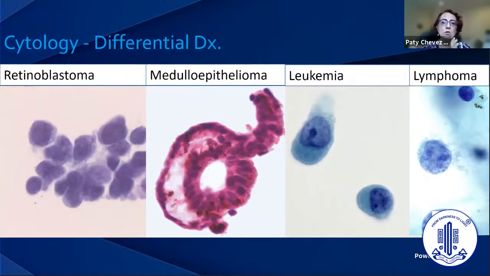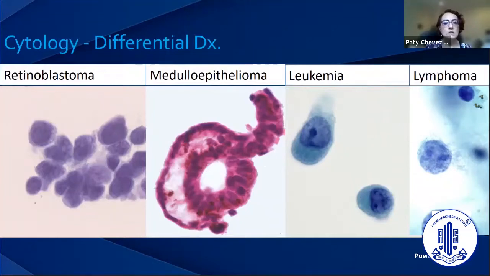Now, in cytology, for us, these features are really different, although some people have trouble identifying this because they are not used to seeing retinoblastoma. As you know, as an ophthalmologist, if you know this is retinoblastoma, you are not going to biopsy. So the cytologists don't have experience with this.